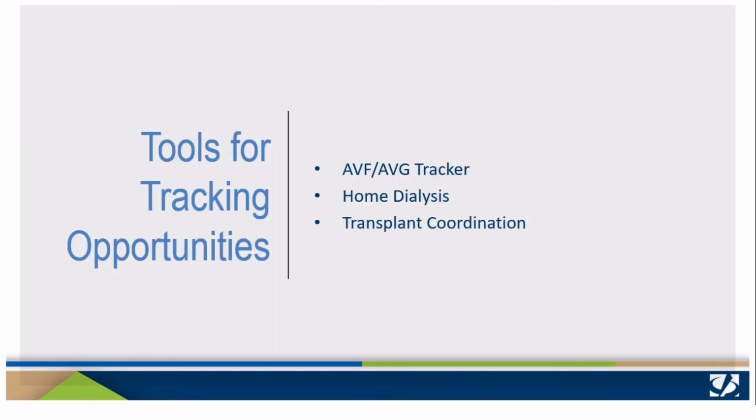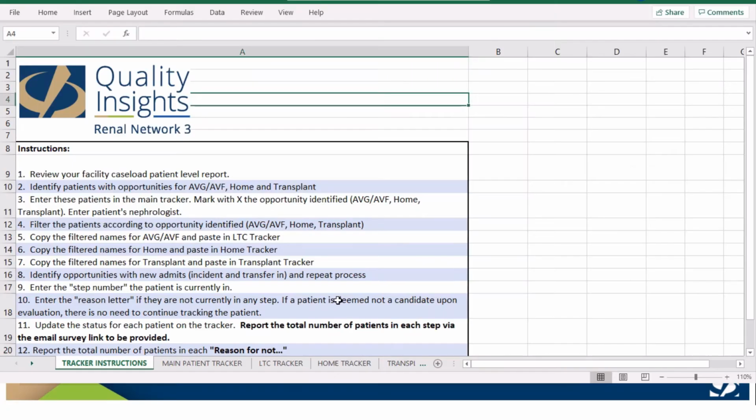Now I will move to the trackers developed for tracking the opportunities. So the tracker, as you will find, is an Excel workbook with various sheets at the bottom. The first sheet is the tracker instructions.